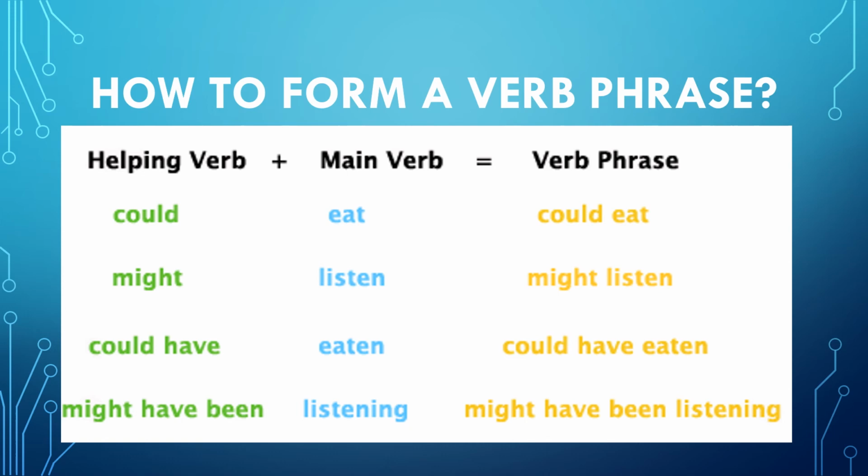Next, could have plus eaten is equal to could have eaten. Lastly, helping verb might have been plus main verb listening is equal to verb phrase might have been listening.